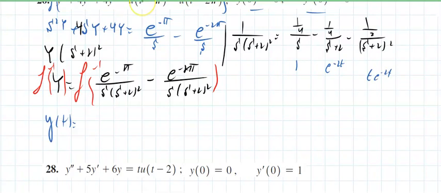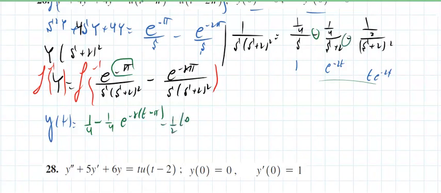Here, I'm going to shift all of these by pi, so that's going to be 1/4 minus 1/4 e to the negative 2 times t minus pi minus 1/2 times t minus pi, so I shift all the functions, t minus pi e to the negative 2 times t minus pi.